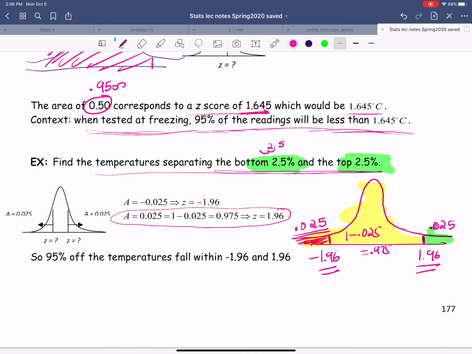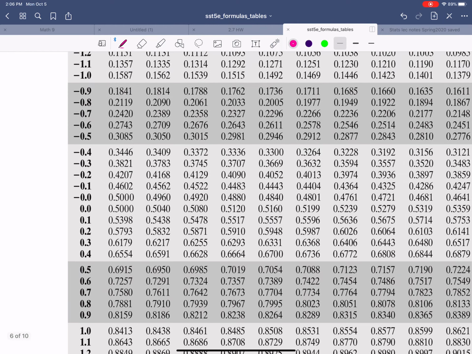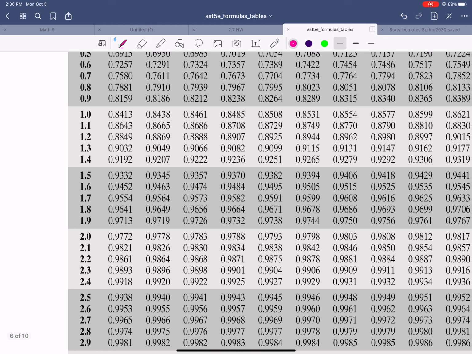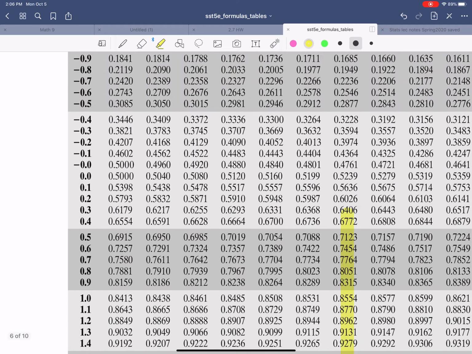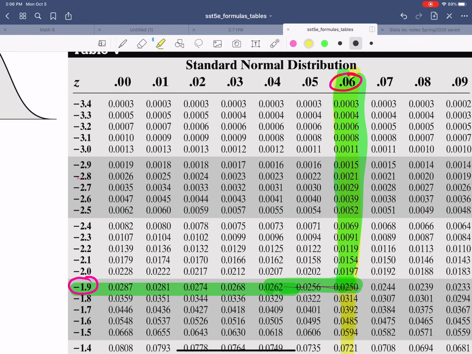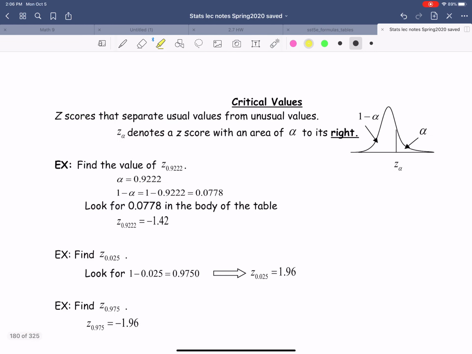We can look for 0.975 in the body of the table, and here we go. 0.975 is right here. So I'm going to circle it. It turns out to be positive 1.96, and I didn't really need to do all the work twice. I could save myself time by just using the symmetry of the normal curve.